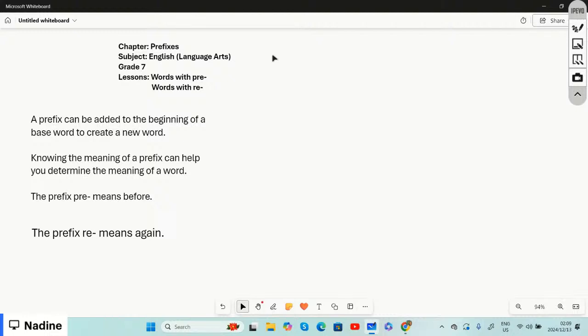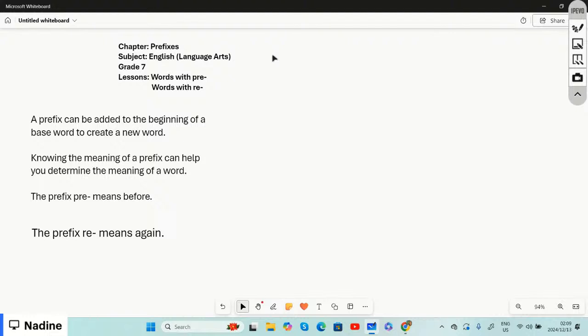All right. And knowing the meaning, firstly, a prefix has its own meaning. And we're going to find out what the meaning of the word pre is and what the meaning of the word re is. So a prefix has its own meaning already.